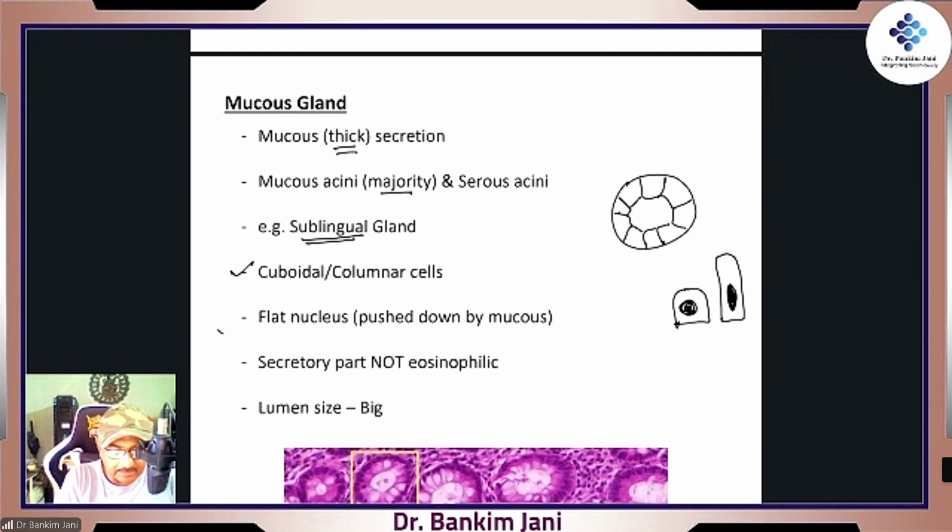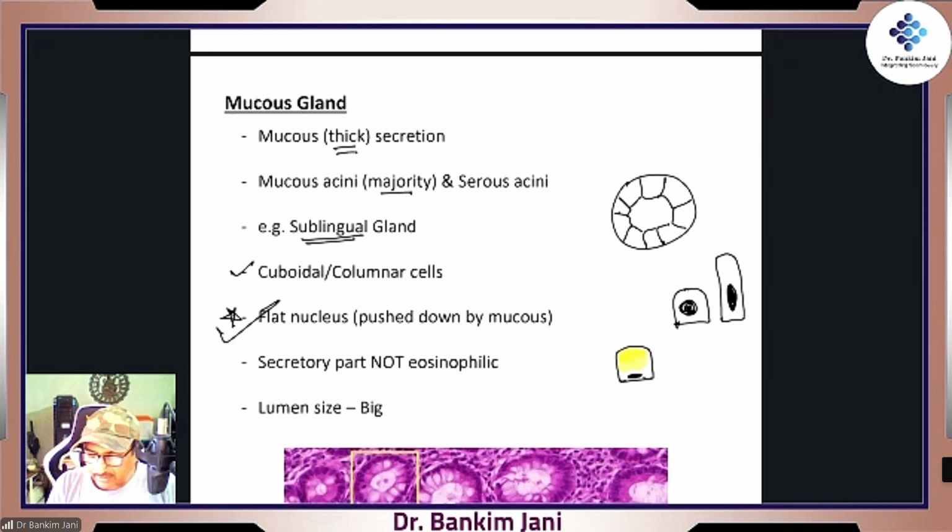But in this case, this is a very important feature. It is flat, because the function of this particular cell is to create mucus. Mucus will be secreted over here, in such a large amount that in spite of cuboidal cells, in spite of columnar cells, the nuclei would be literally pushed down and flat, because this entire thing is nothing but the secretion which is to be released.